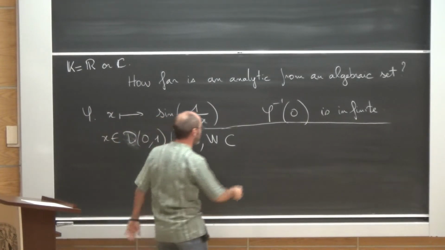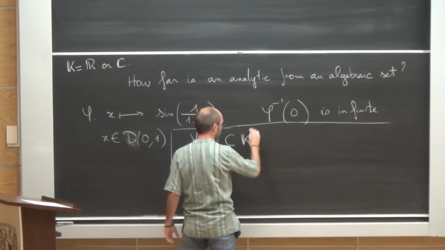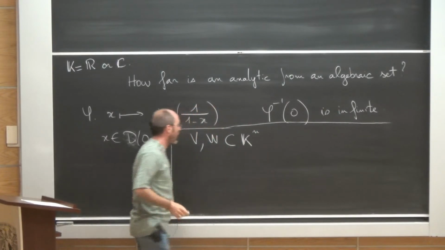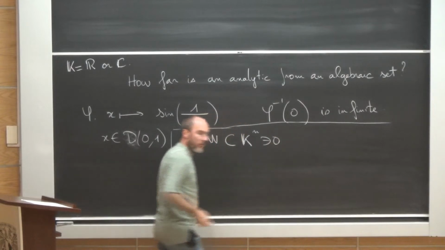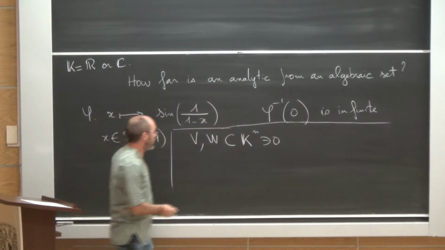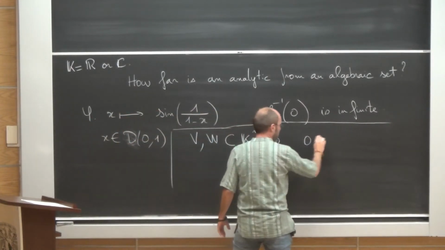For sets, I take two sets, V and W, in K^n. I pick a point in K^n, I will take the origin for simplicity, and that belongs to both sets.